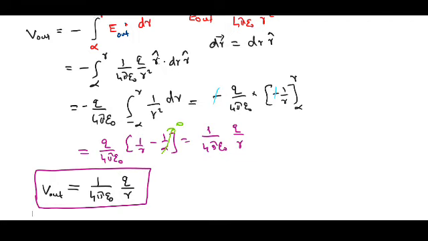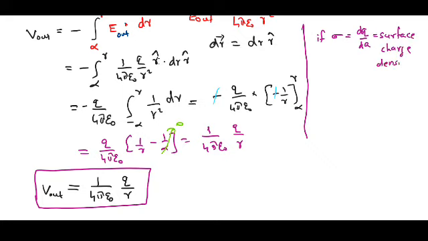Fine. Now, if I want to express this potential outside in terms of the surface charge density, suppose sigma is equal to dq by dA, the surface charge density on the spherical shell.